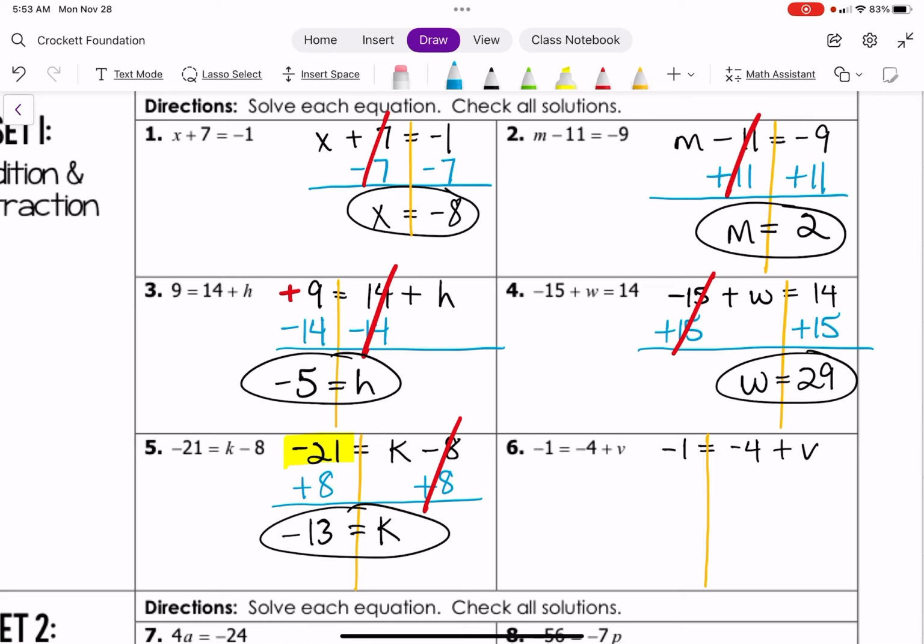There's a negative 4 over there, so we want to add 4 to both sides. By adding 4, that gets rid of that. And now we're just combining negative 1 and positive 4. They're different signs. So what do we do again? We subtract. 4 minus 1 is 3. And the larger number here is positive, so our answer is going to remain positive 3.